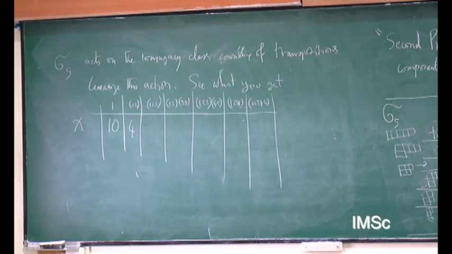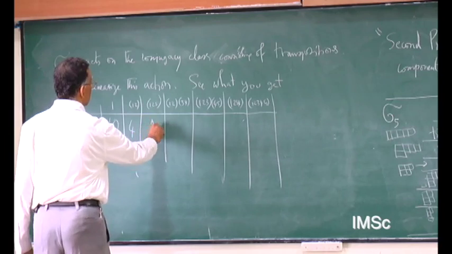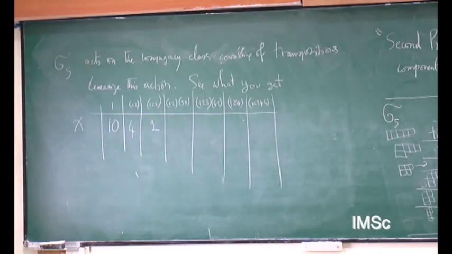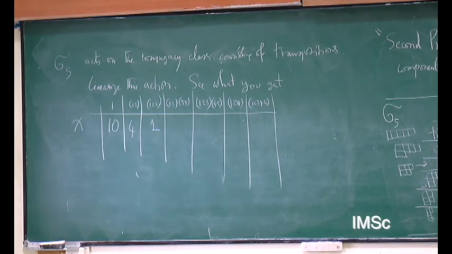How many does (1, 2, 3) fix? Identity is not a transposition.